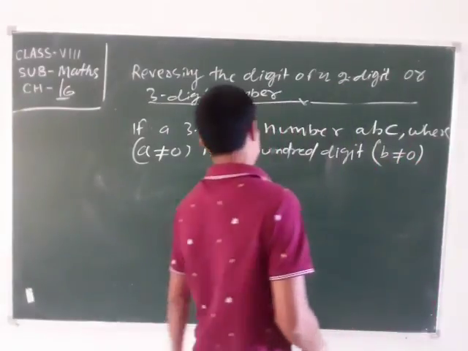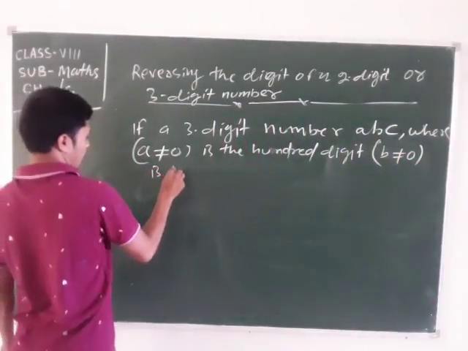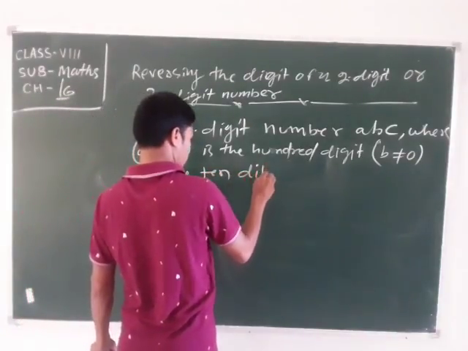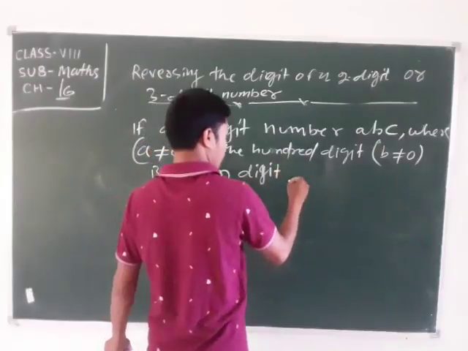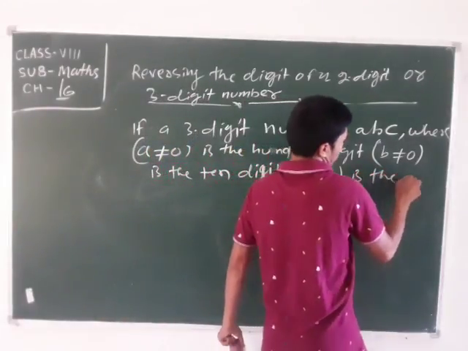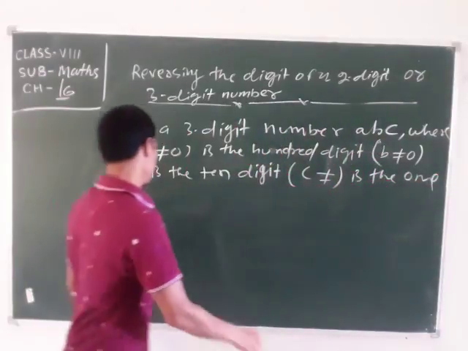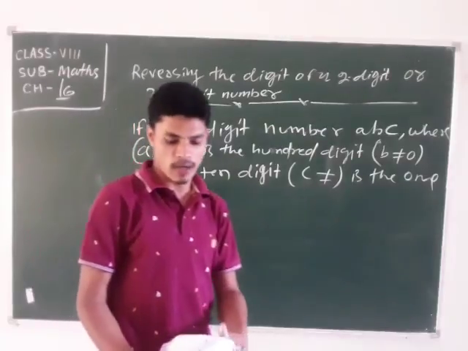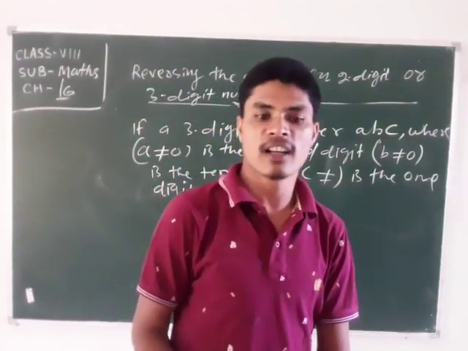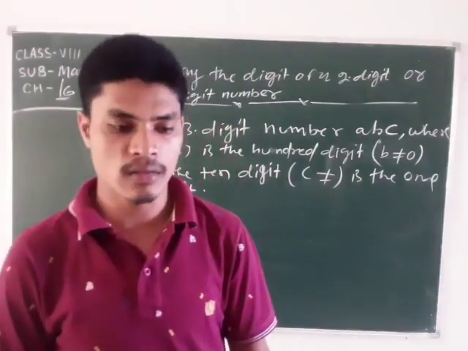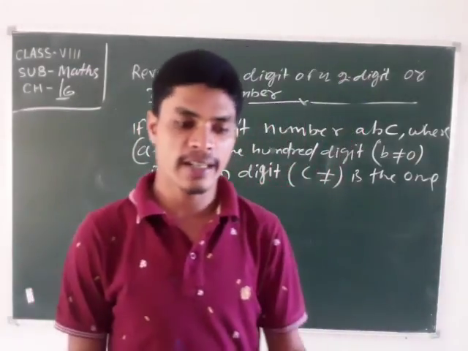Not equal to 0 is the 10's digit, and the 1's digit. That means the 100's digit, 1's digit and 10's digit are not equal to 0. That means the value is not equal to 0. Then we take 3-digit numbers, add and subtract.